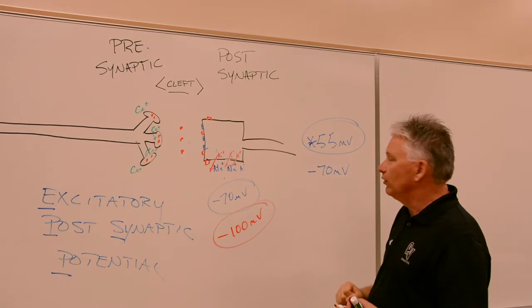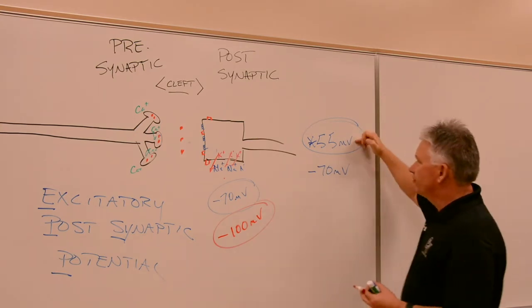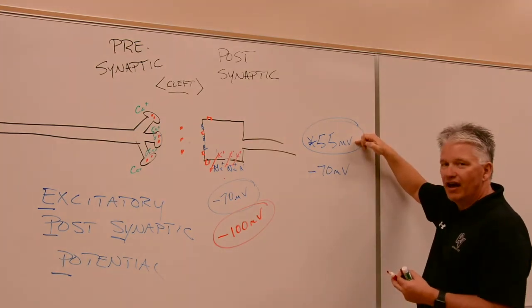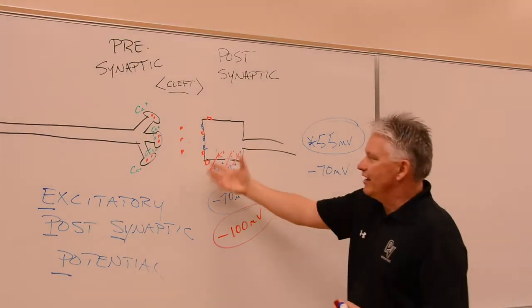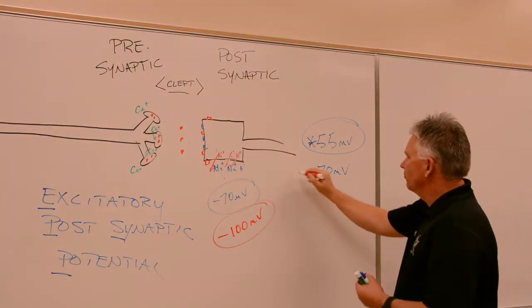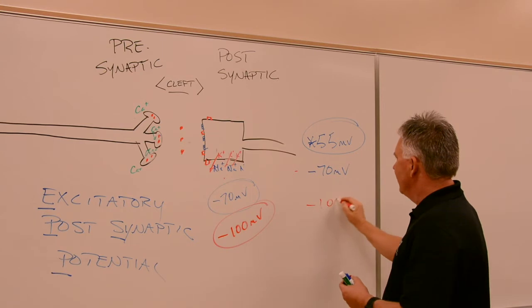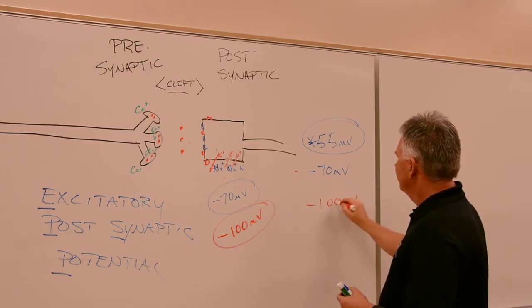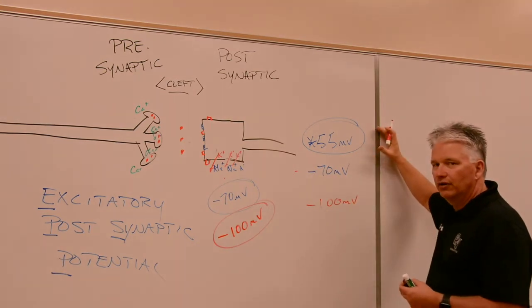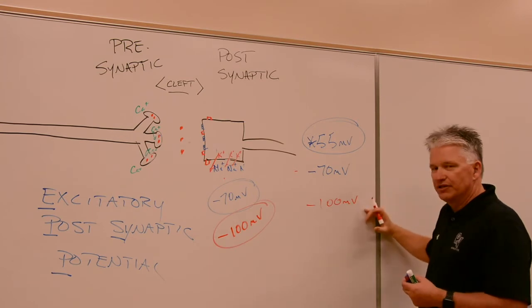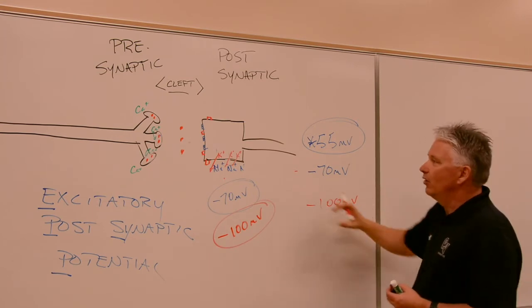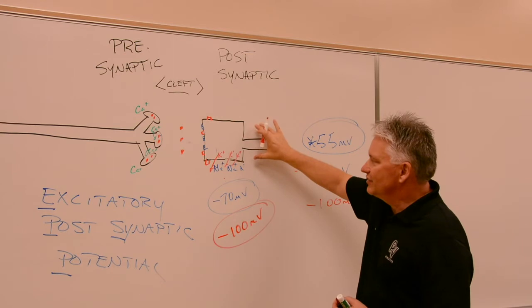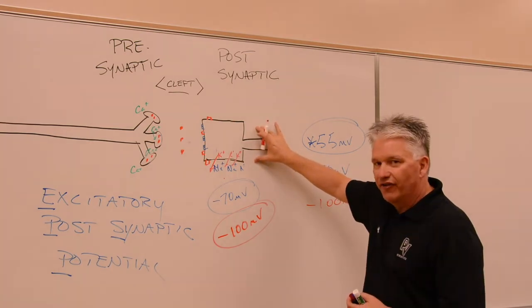Did I hit threshold? Well, we said threshold's negative 55. I just created an event that took me from negative 70 to negative 100. Did I hit threshold? No, I moved the opposite direction. And so, in this case, this structure is not going to fire.